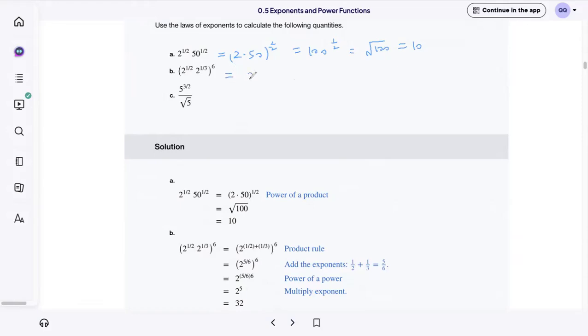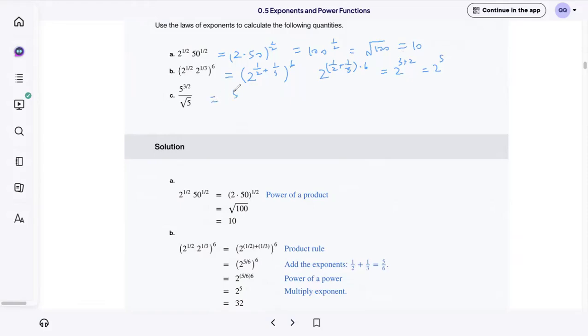So this one we have 2 raised to 1/2 times 2 raised to 1/3. Then we can add those two exponents, then raised to 6. That's 2 raised to half plus 1/3, multiplied by 6, which means 2 raised to 3 plus 2, which is 2 raised to 5.